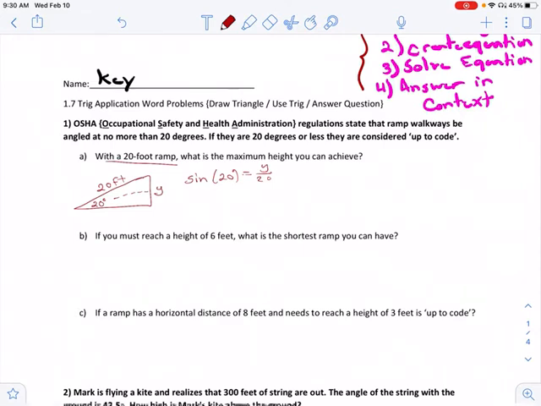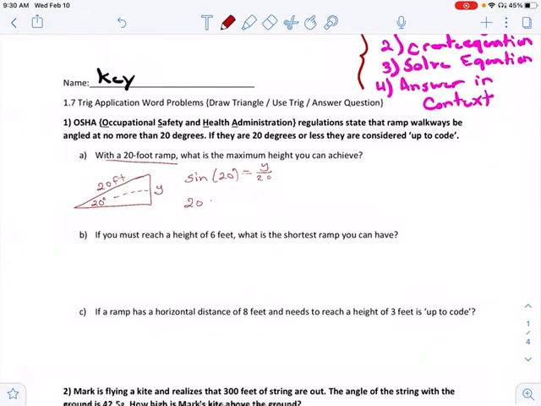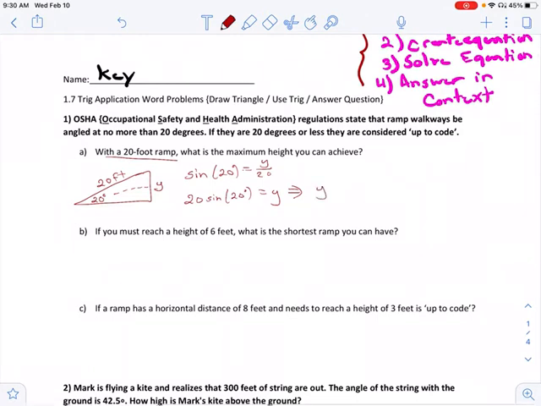I can multiply both sides by 20 to get 20 times the sine of 20 degrees equals y. That implies y equals 20 times the sine of 20, plugging it into my calculator. So I get y equals 6.84.